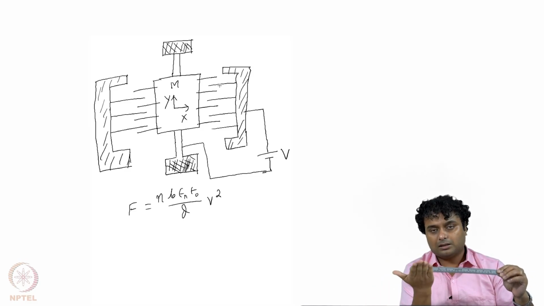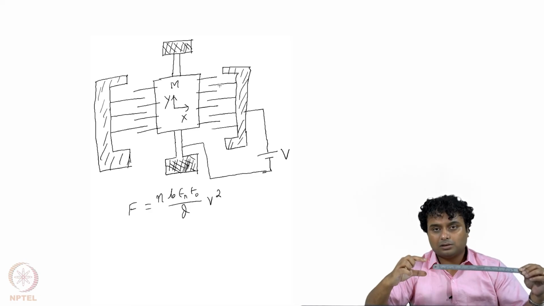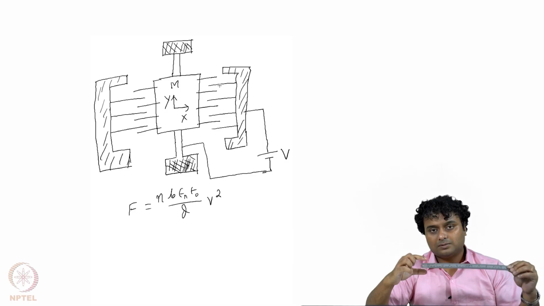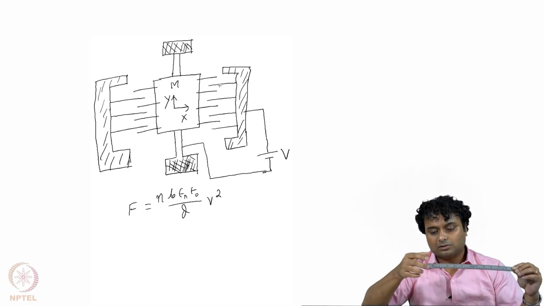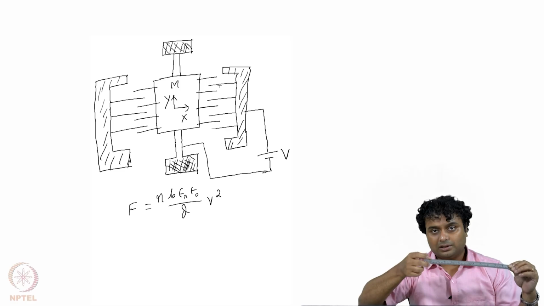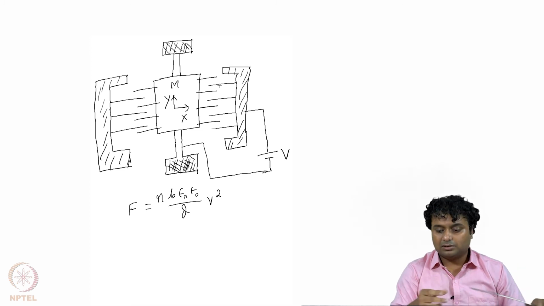This is the plane of the paper, and I am drawing on this, right, and this is the static comb, and then this structure or the moving combs are coming towards it and going away from it like this, right. So this b is the width which is actually perpendicular to the plane of the paper, right, this width.